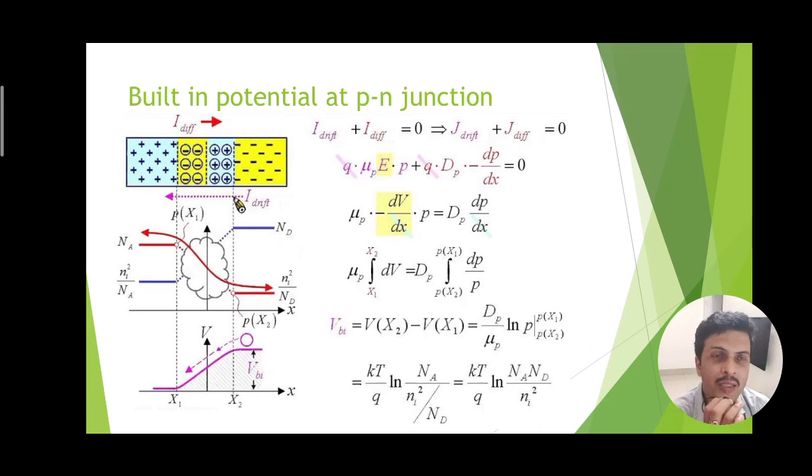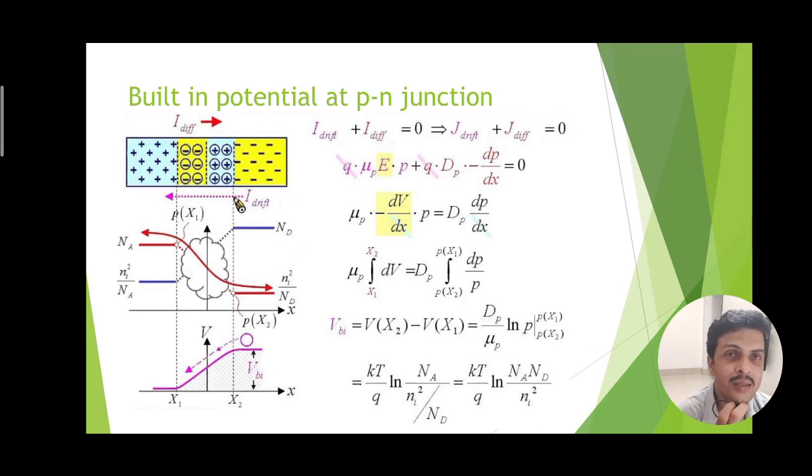So these two potentials are due to the donor and acceptor, we should remember. And one more thing is the hole concentration Px1 and Px2. What is Px1? Px1 is the hole concentration on the P side, so it is the majority charge carrier concentration. But when you are telling Px2, Px2 stands for the hole concentration on the right hand side.